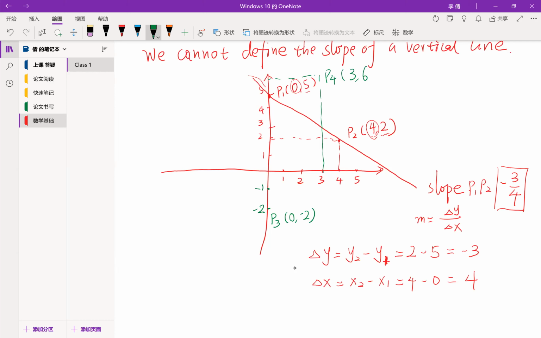And then this line is through P sub 3 and P sub 4. Okay, then the slope of the line through P sub 3 and P sub 4 is what? 8/3.